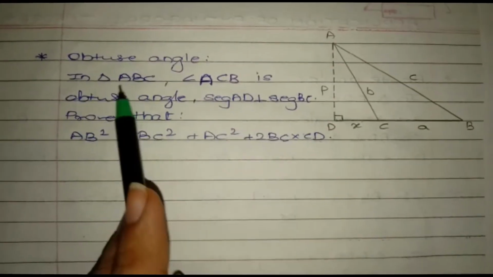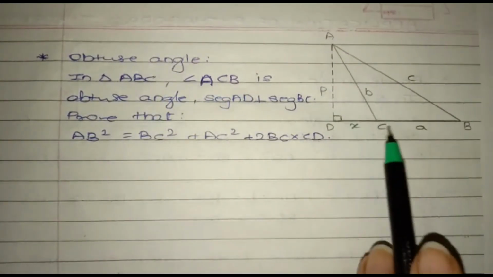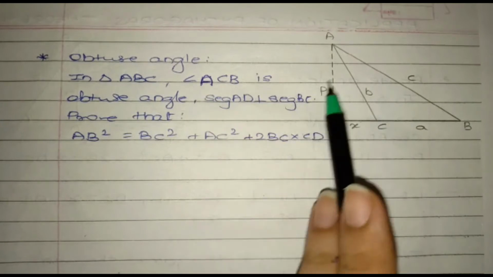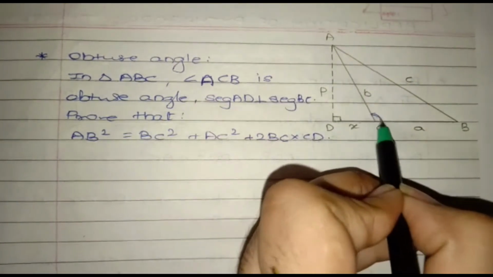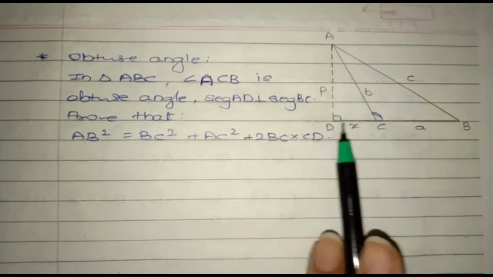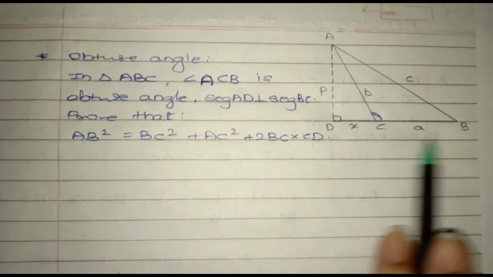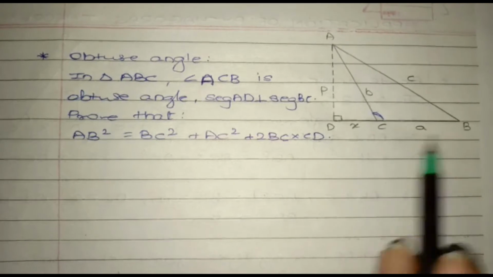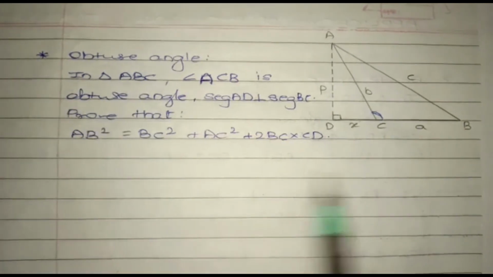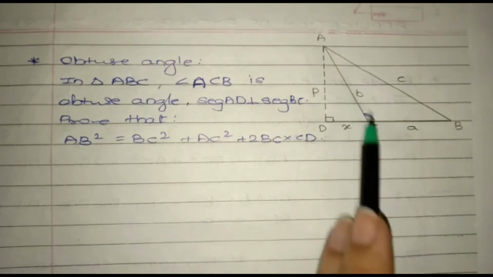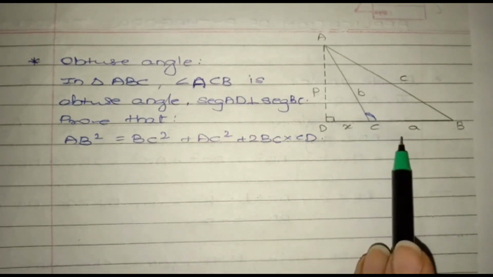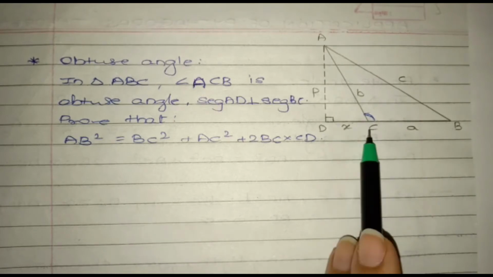Okay, now we will study about the relation between the side opposite to obtuse angle and the remaining two sides. Now here in triangle ABC, we are considering this triangle in which angle ACB is an obtuse angle and segment AD is perpendicular to segment BC. Okay, segment BC is extended as BC to D, and we have to prove that AB square is equal to BC square plus AC square plus 2 into BC into CD.